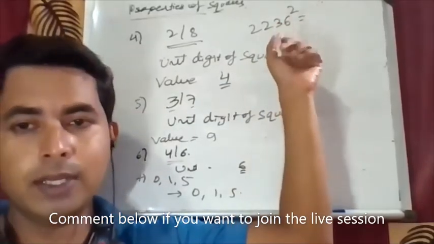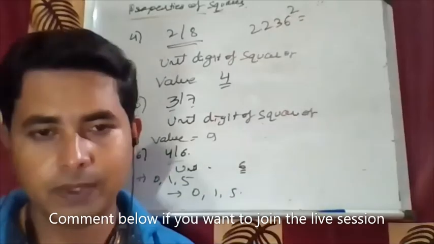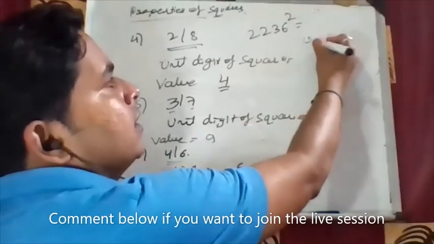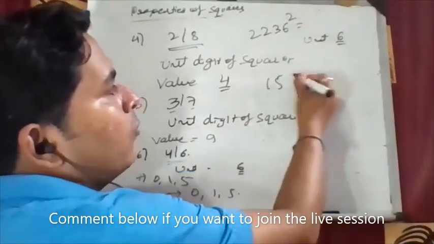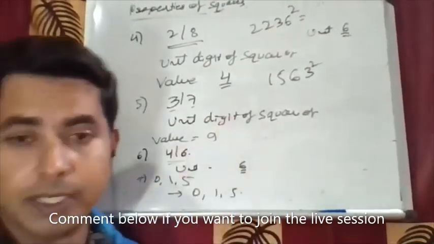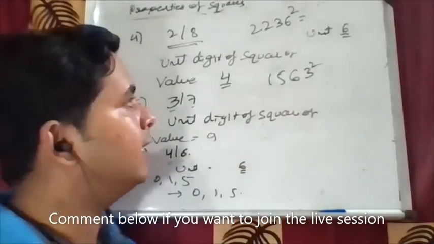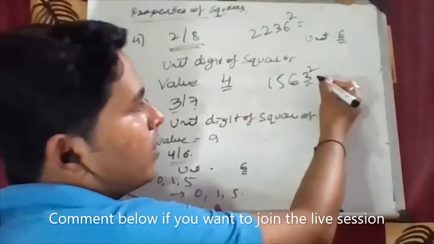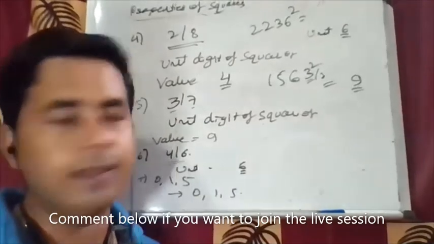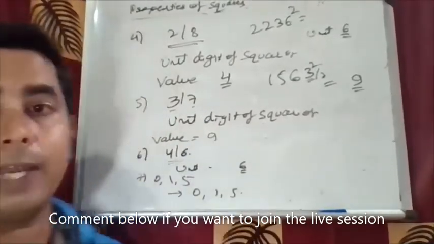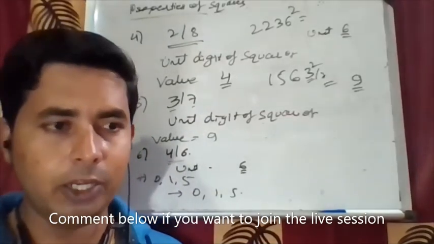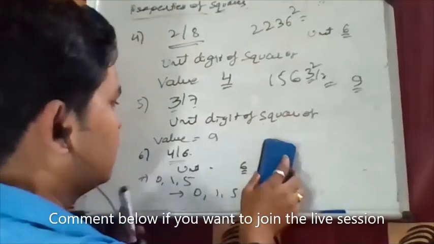The unit digit is 6, okay. If I do 1563 squared, I don't know the value, but I can tell the unit digit easily, because the number ends in 3 or 7, so the unit digit is always 9. In this way, these properties will help you remember or identify the unit digits. So this is the method.